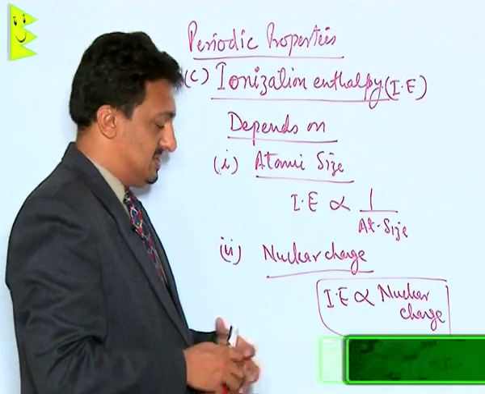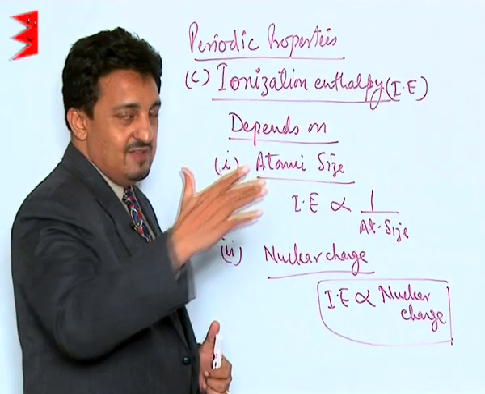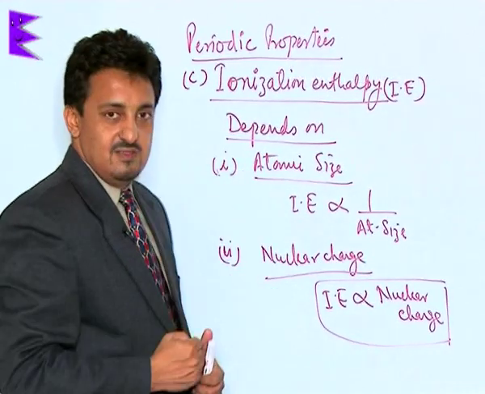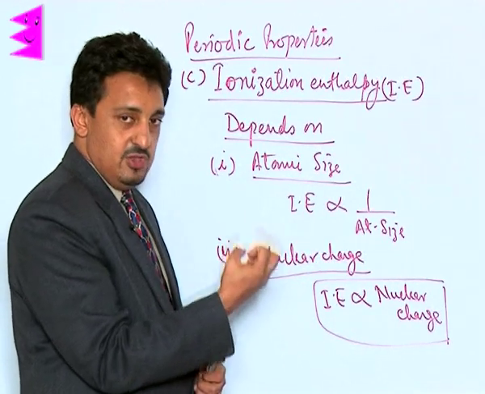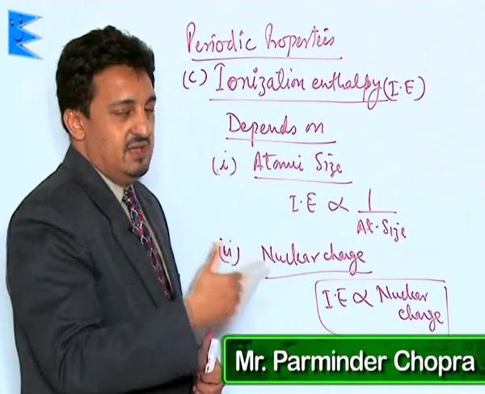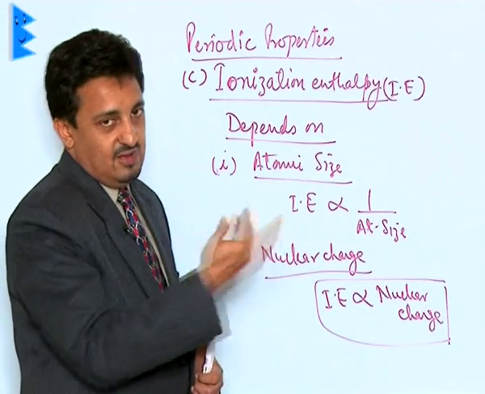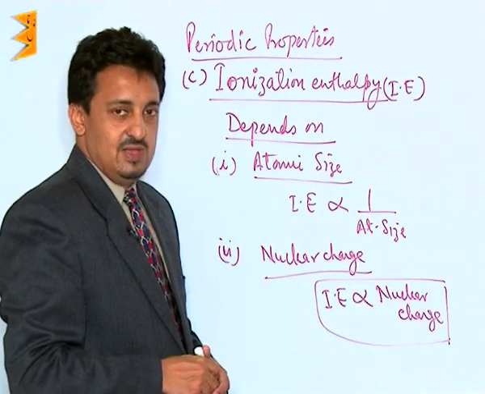That is why, as the nuclear charge increases, the ionization energy also increases, because the force of attraction from the nucleus toward that valence electron is greater. So more energy is required to take out that valence electron. So it is directly proportional to the nuclear charge.